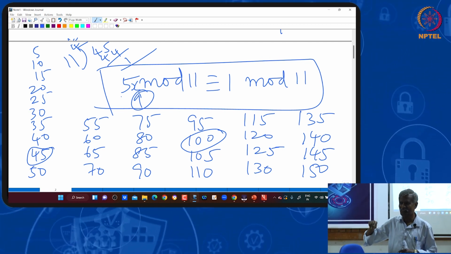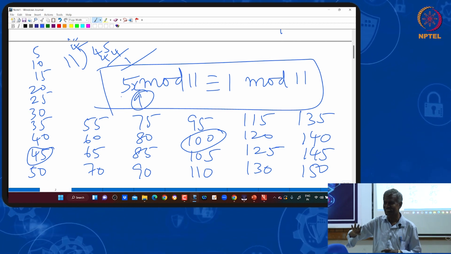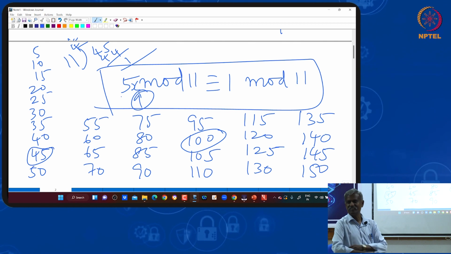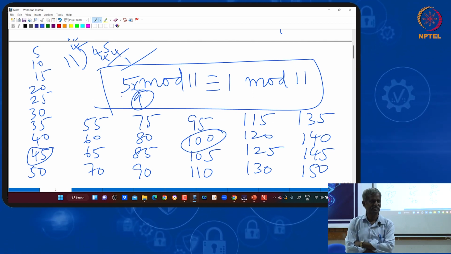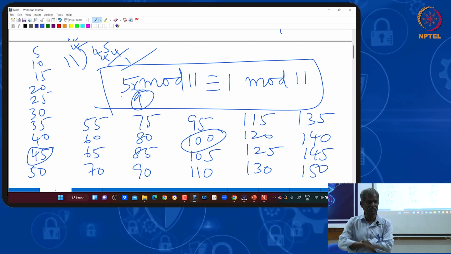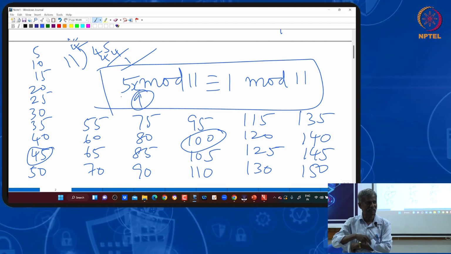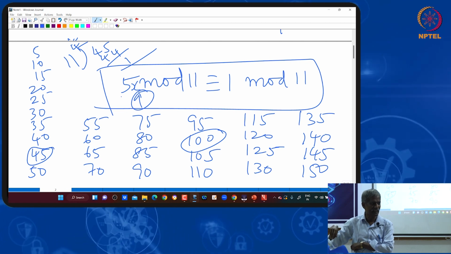So who found the first one? You? Yes, that is the correct answer. So you have to find the inverse like this only. You can find many inverses, but the first inverse, the prime inverse as we say, is what we have to find.